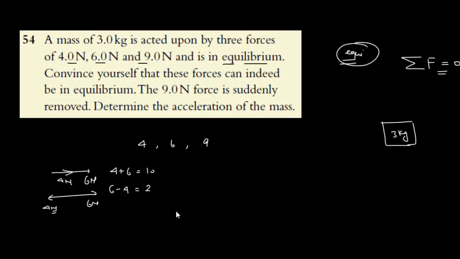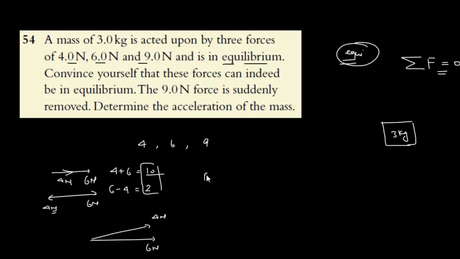Now this 9 can be the resultant of these two forces, say this is 6 Newton and say this is 4 Newton, because this 9 lies between 10 and 2. Means this is the maximum resultant that these two forces can produce, and this is the minimum resultant that these two forces can produce, and any other resultant comes between 2 and 10.